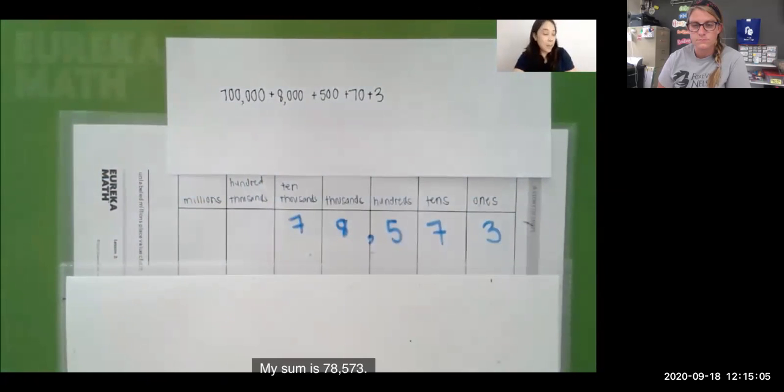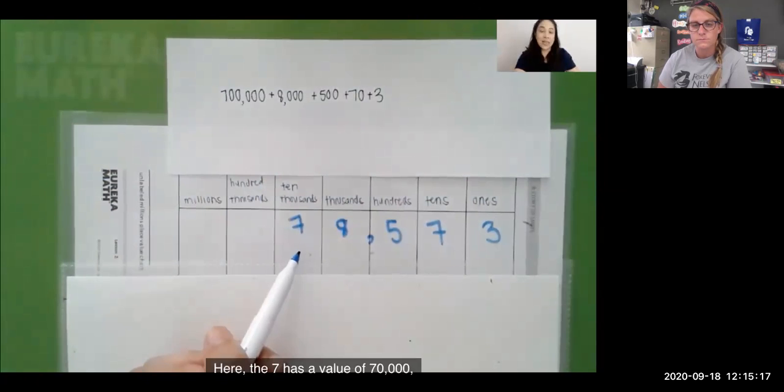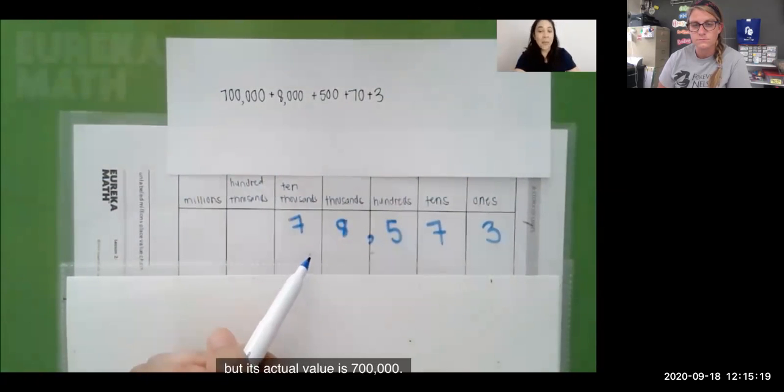My sum is 78,573. Is this correct? My 7 is in the wrong place. Here, the 7 has a value of 70,000, but its actual value is 700,000.